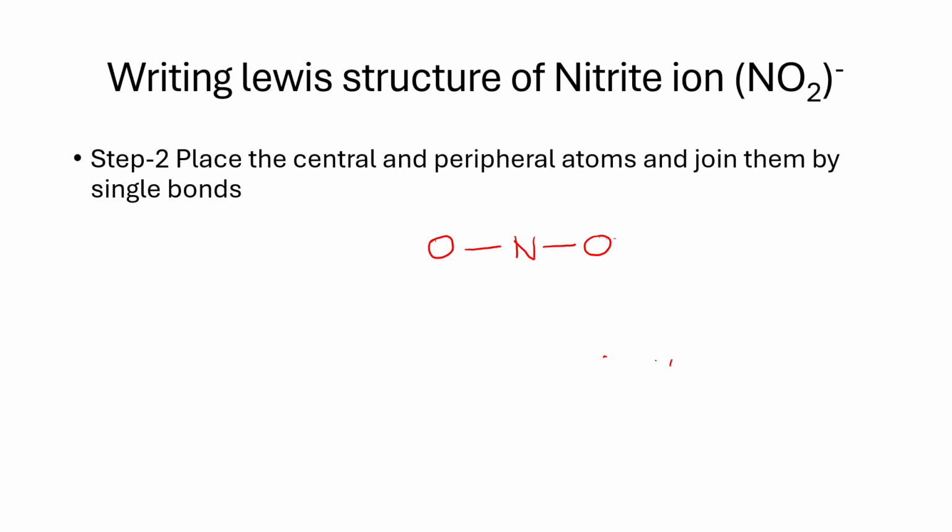Just as in the example before, a single bond accounts for a total of 2 electrons. We have two single bonds. So out of the 18 electrons that we need to account for, 4 have already been taken care of, which means we only need to account for 14 more electrons.